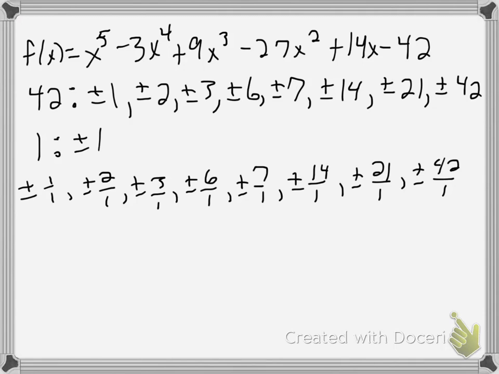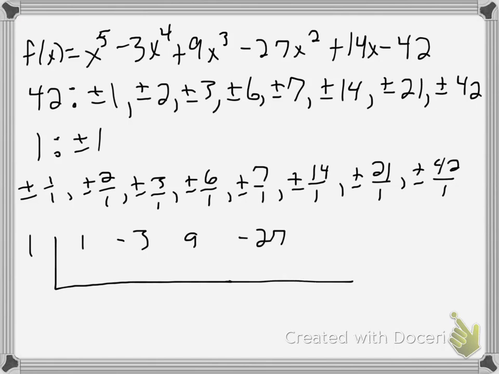So let's test out positive 1 first. So I have 1, negative 3, 9, negative 27, 14, negative 42. 1 times 1 is 1. Negative 3 plus 1 is negative 2. 1 times negative 2 is negative 2.